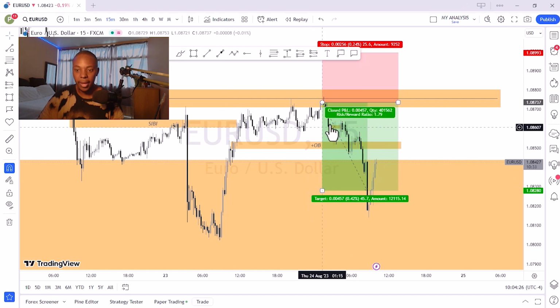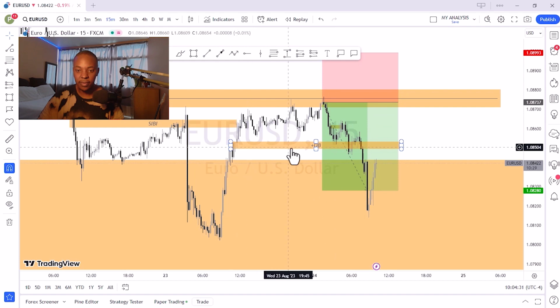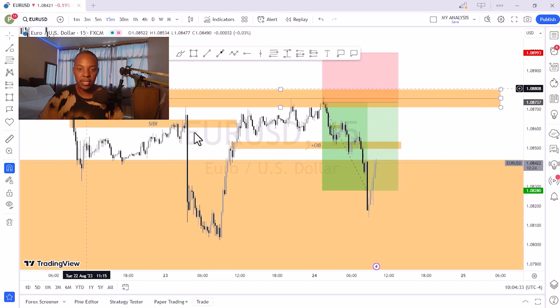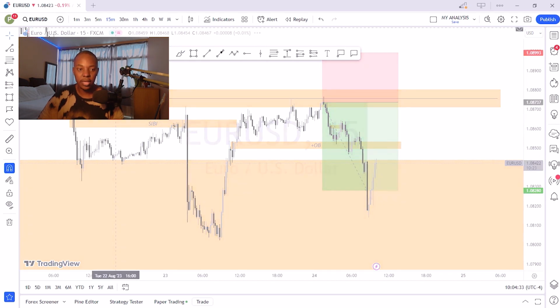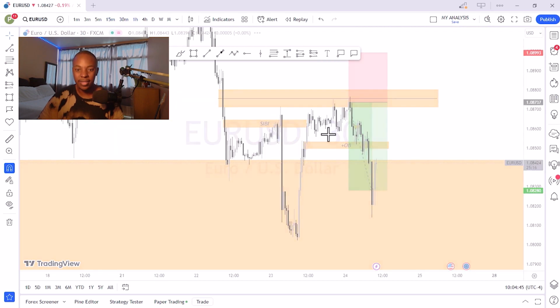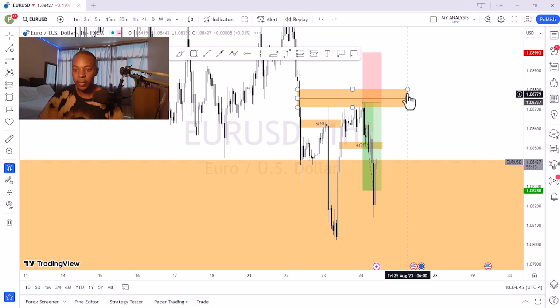What happened is that when the market came here, I saw this. The reason for my entry was a CB. I think it's a 30-minute CB. I think it's a 1 hour. Yes, it's a 1 hour CB.